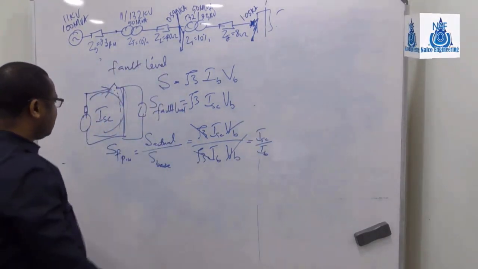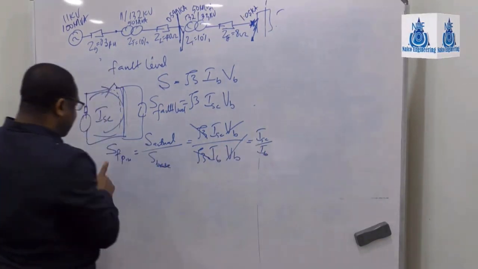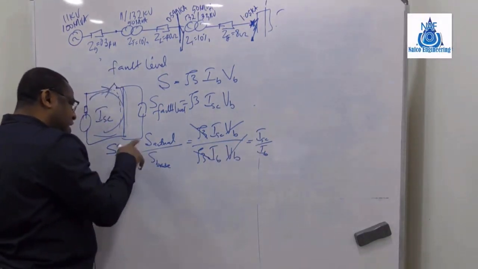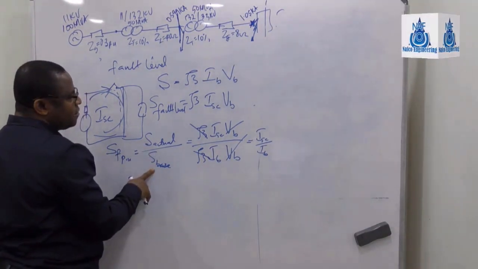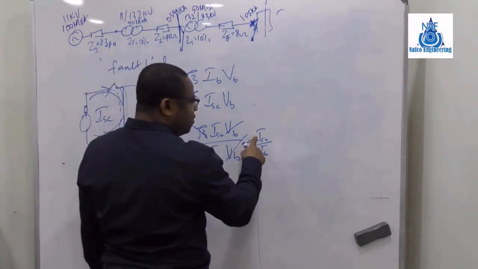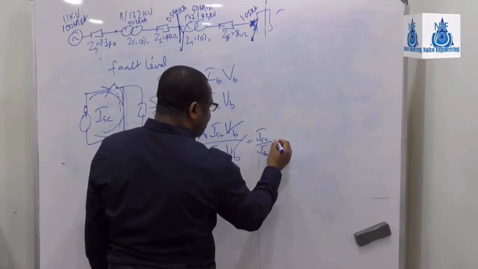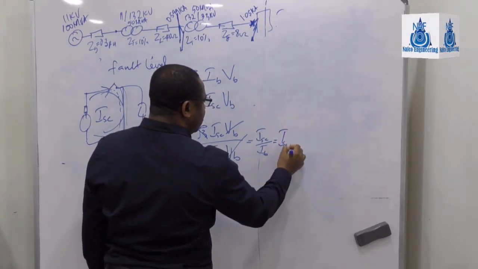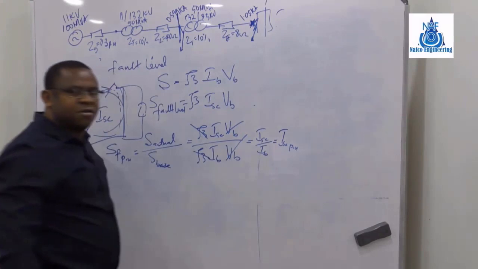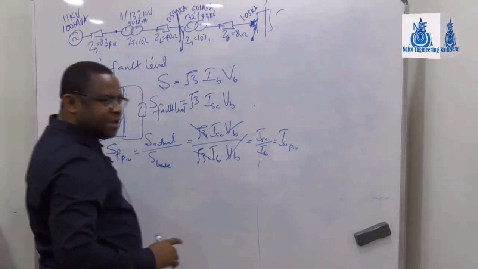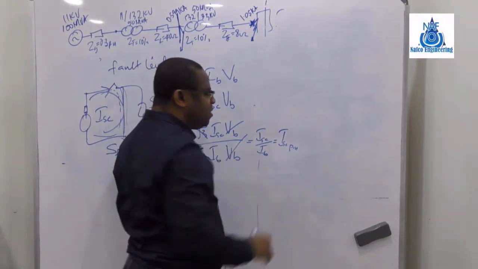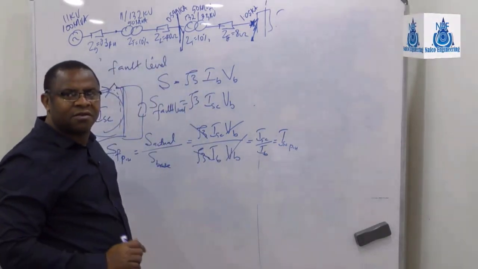Now, what does I short circuit over I base mean? Remember that S fault in per unit is S fault actual over S base. So I short circuit over I base should be the same thing as I short circuit in per unit. That means per unit fault level is the same thing as per unit fault current.